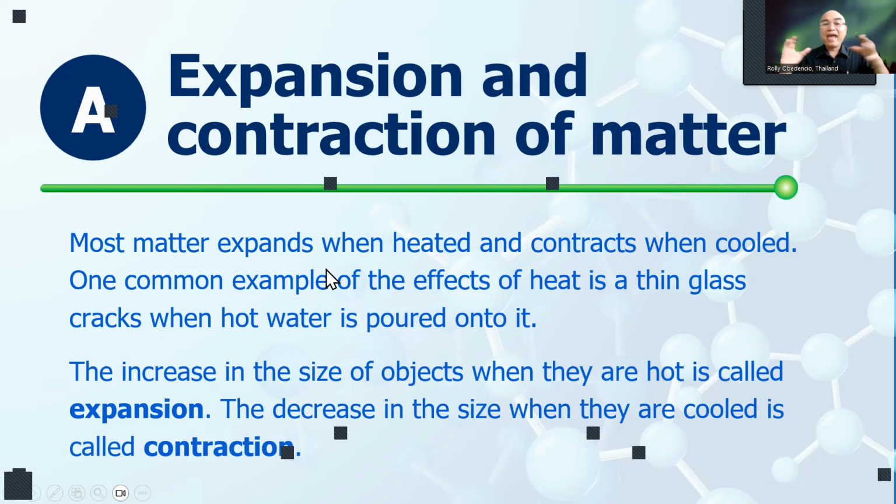Most matter expands when heated and contracts when cooled. One common example of the effects of heat is a thin glass cracks when hot water is poured into it. So the increase in the size of objects when they are hot is called expansion. The decrease in the size when they're cooled is called contraction.